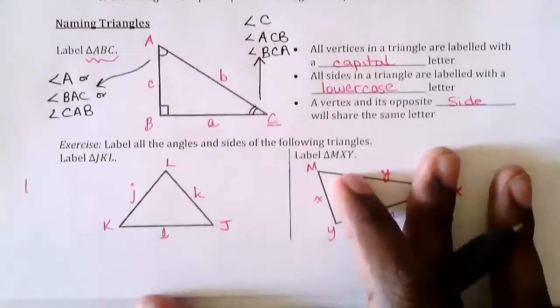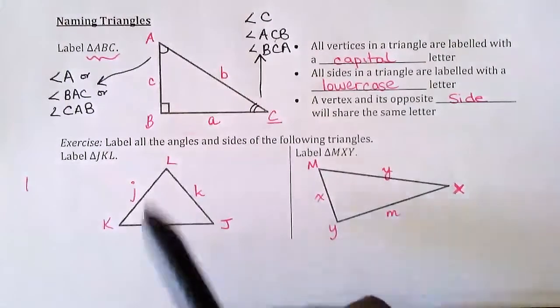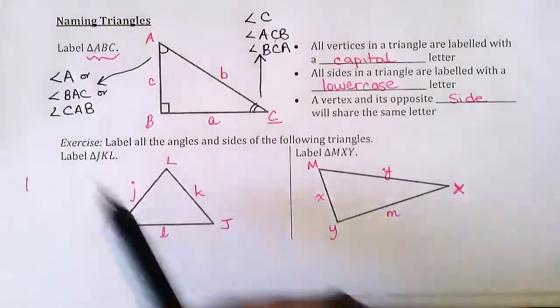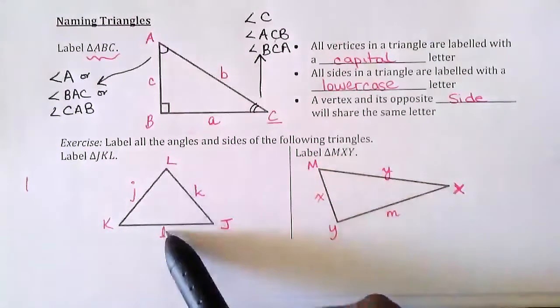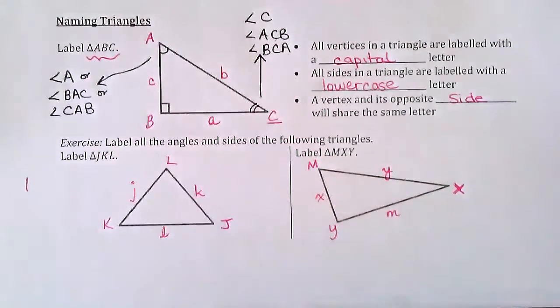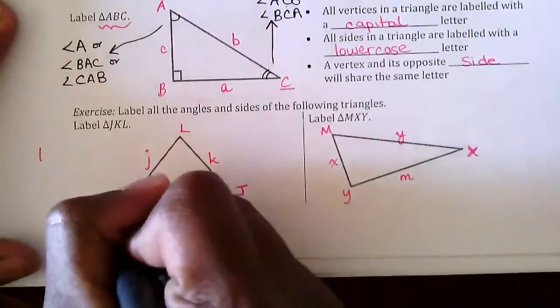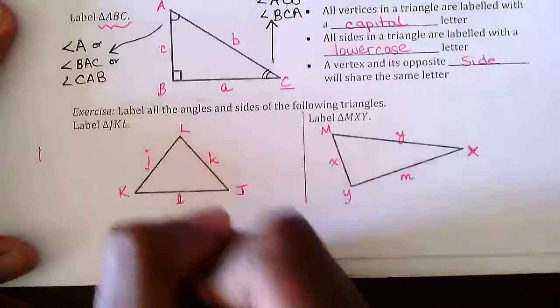Another thing that you might see is how to label side lengths in a different way. So let's go back to this example. We said that this was side length lowercase l, this was side length k, and this was side length j. Another way I can call this particular side length is I can call it JK.